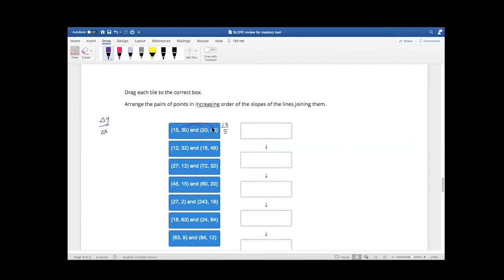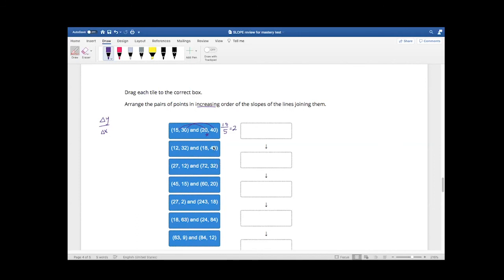And notice it's important, I'm going to start with this point here both times for my subtraction because those were the larger numbers, just so we didn't get into negatives here. And so I did 40 minus 30, 20 minus the 15. So whatever point you start with on your subtractions, you just want to make sure you do that each time. And that would come out to an integer there too.